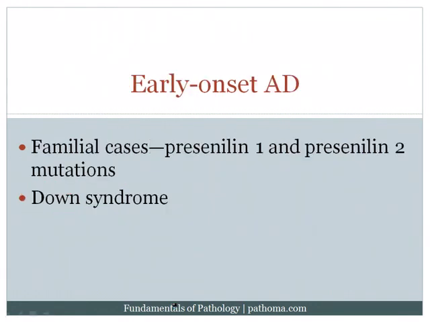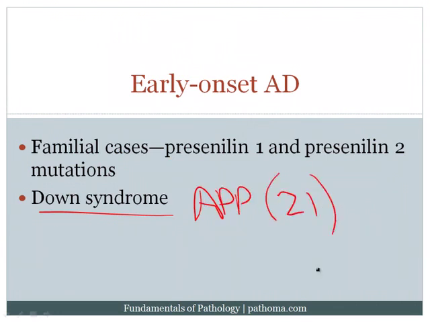Early onset Alzheimer's disease would be seen in younger patients. One key association is that there is a set of familial cases, the major mutation here being in a gene called presenilin 1. The second association here is Down syndrome, and the major issue here is that the amyloid precursor protein is present, of course, on chromosome 21, and so that's particularly high yield to be aware of.